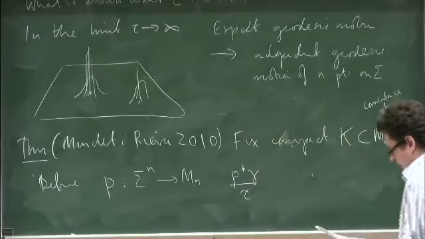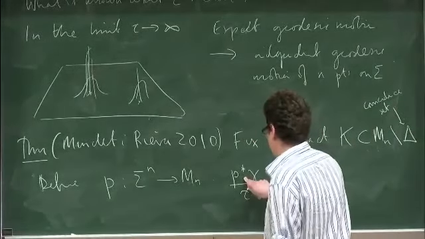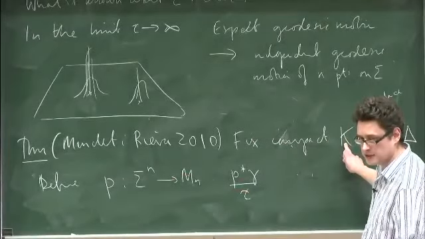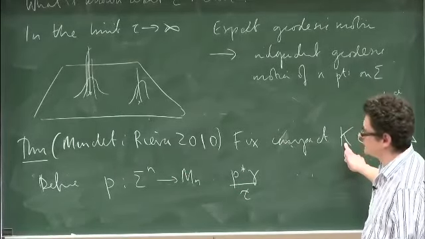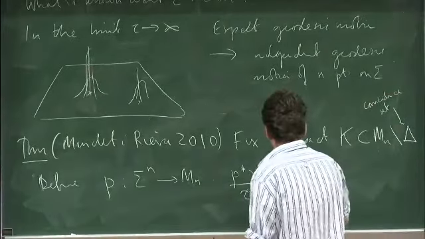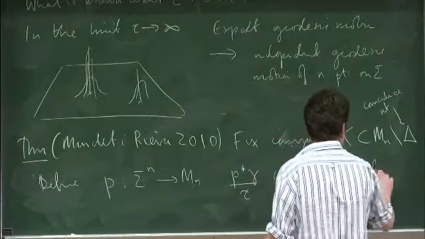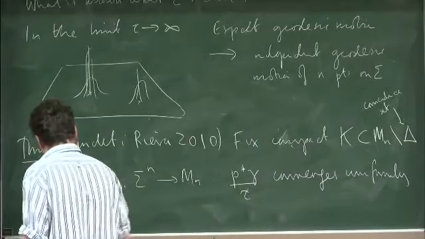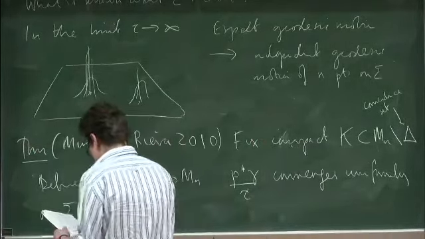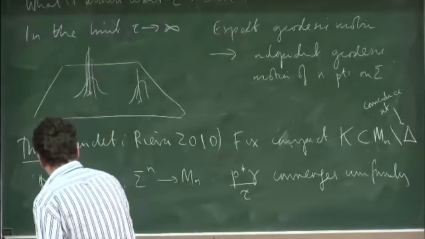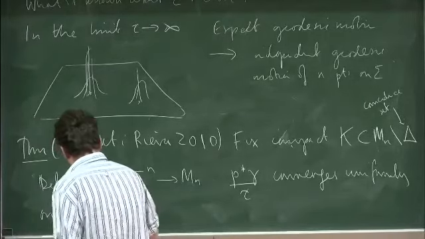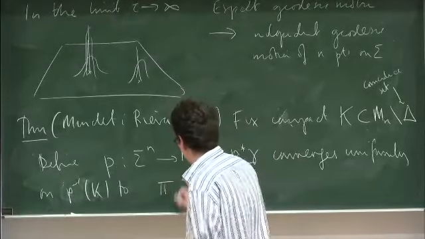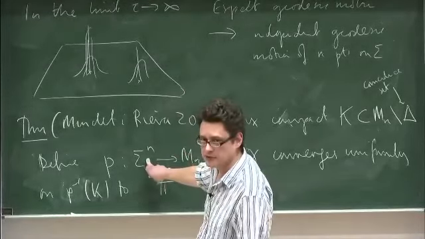And if I normalize it by dividing by tau, then it turns out that this one parameter family of metrics converges uniformly on this compact set that I started with, on the pre-image of K, of course, to the obvious one, which is just pi times the obvious metric on sigma m.